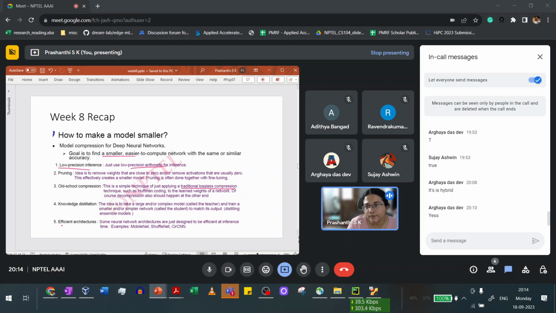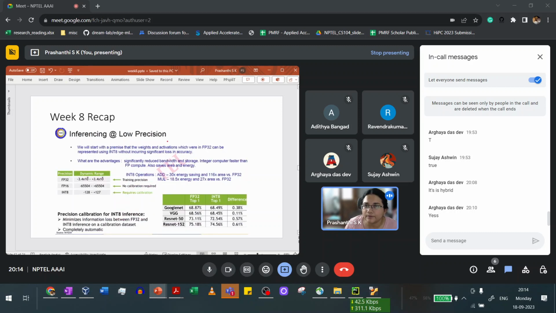Then you could come up with better architectures that are edge or mobile friendly, which are suitable for inference. For instance, MobileNet, ShuffleNet, a lot of these are made to be very inference friendly. So all of these are ways you can make a model smaller and get better performance.